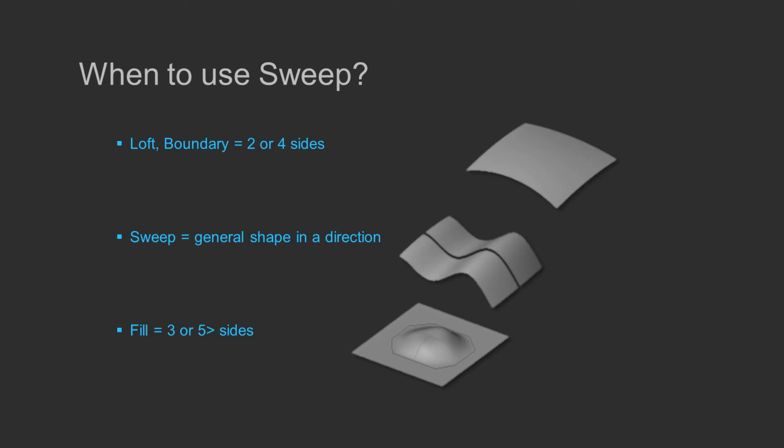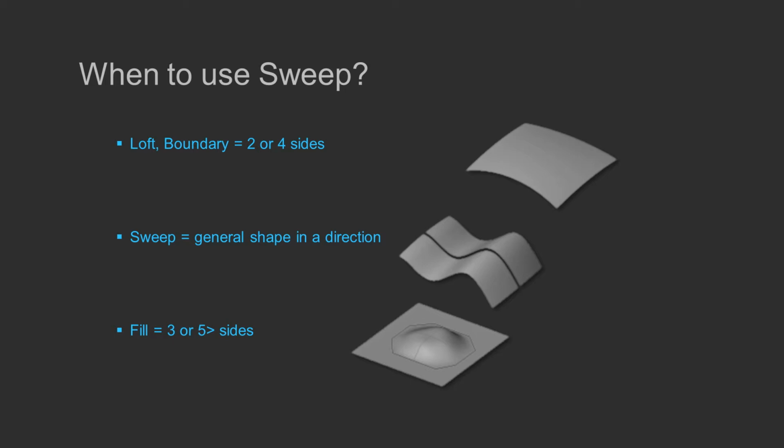As a matter of review, we can talk about how sweep is used and where it is most useful. We've talked about the boundary and fill and how it's used in previous episodes. Sweep is used when you want to create a shape that has a general or very similar cross-section through a path, or it has a general shape through a direction.